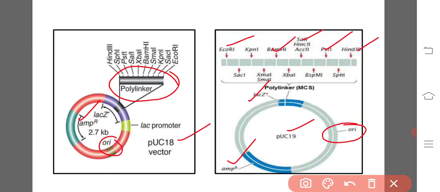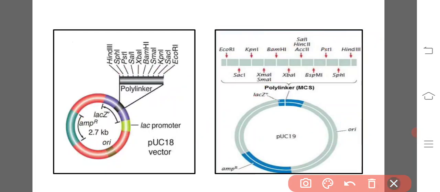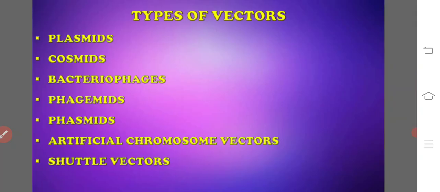So these are the different sites for the action of different restriction endonuclease enzymes. All these things the plasmid, otherwise any vector, should possess.